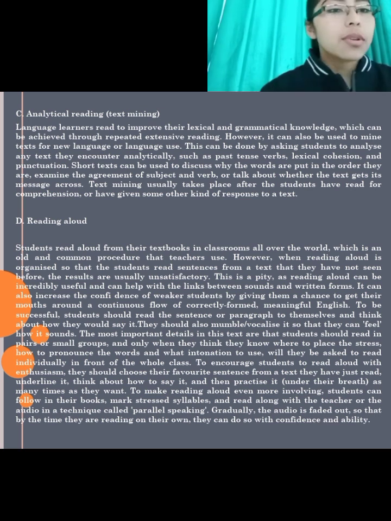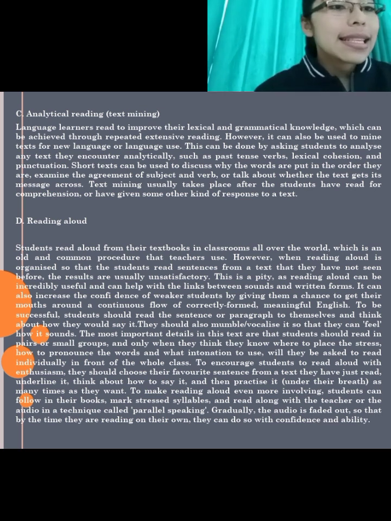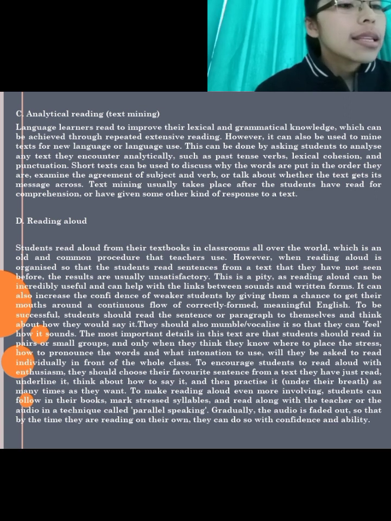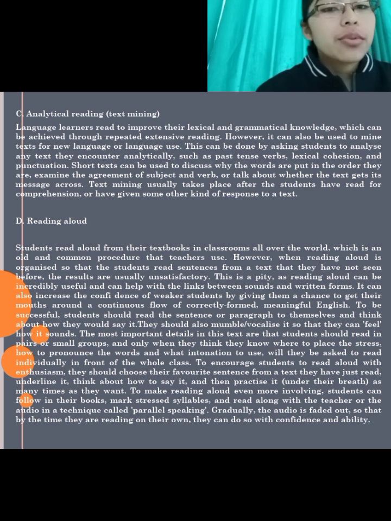The most important details are that the students should read in pairs or small groups, and only when they think they know where to place the stress, how to pronounce the word, and what intonation to use will they be asked to read individually in front of the whole class.